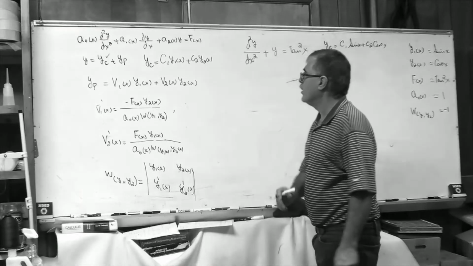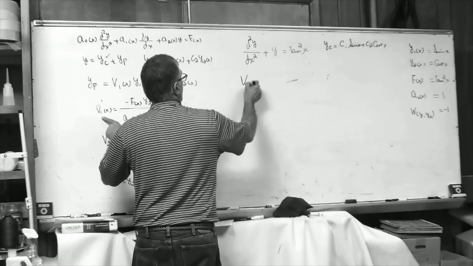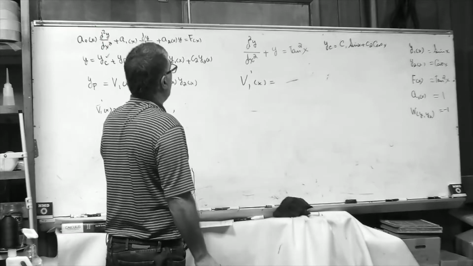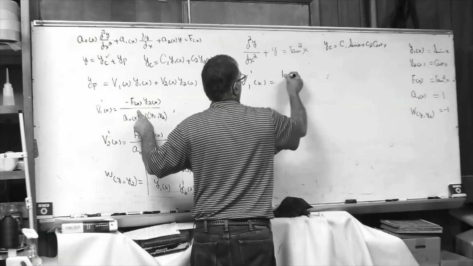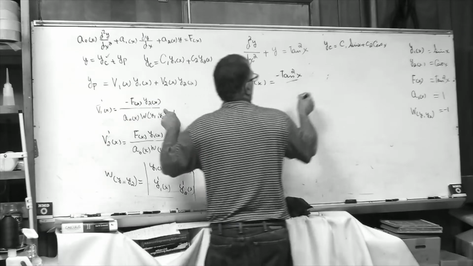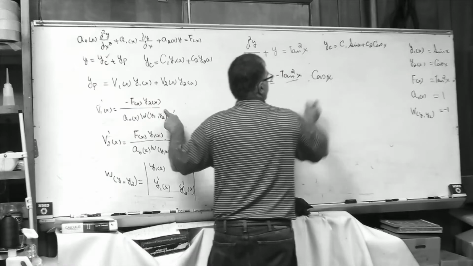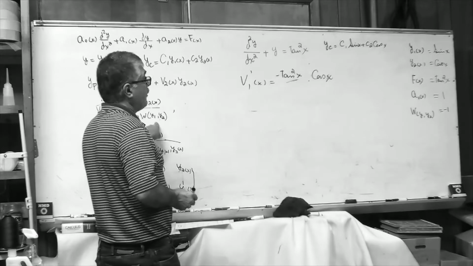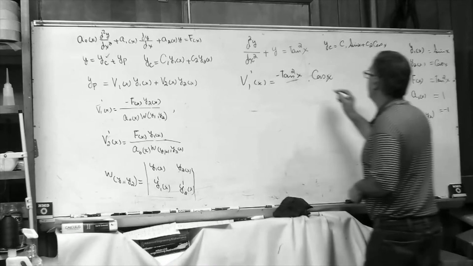So let's go ahead and find it. v1 prime of x is equal to minus f(x). f(x) is tan square, so minus tan square of x multiplied by y2(x), which is cosine of x, divided by a0 times W(y1, y2), so divided by minus 1.